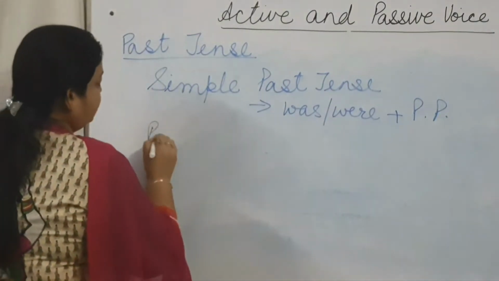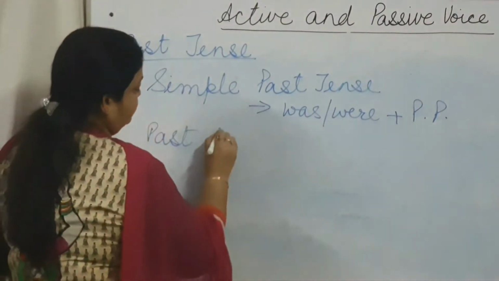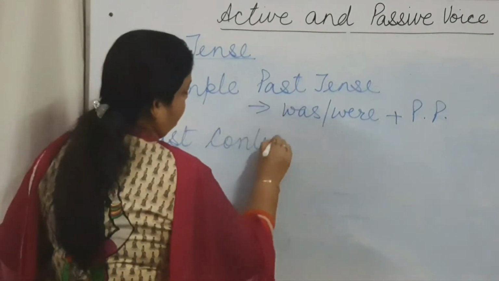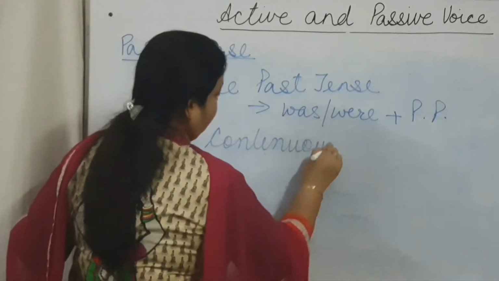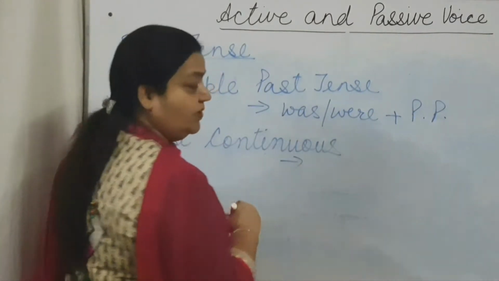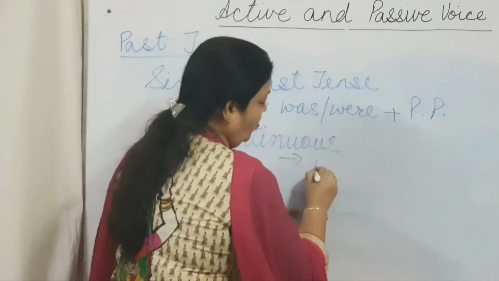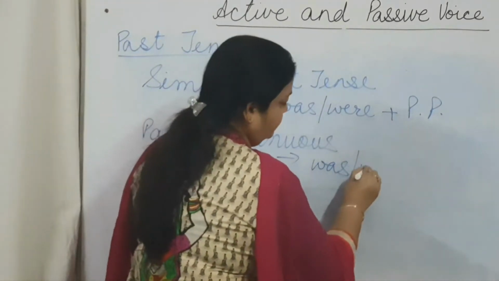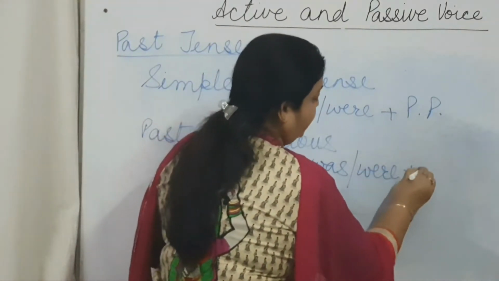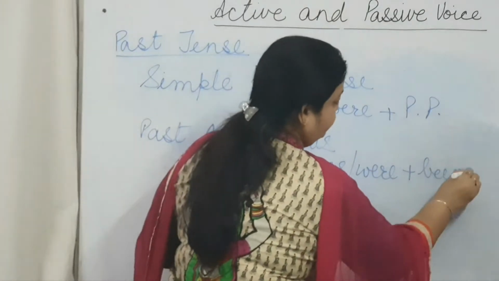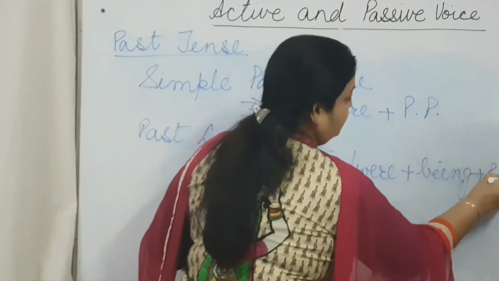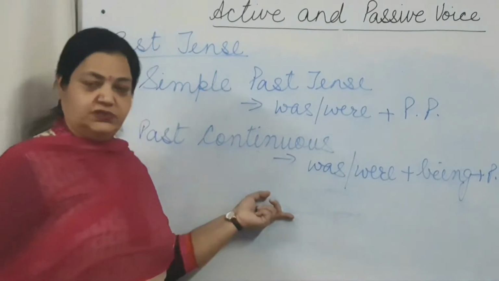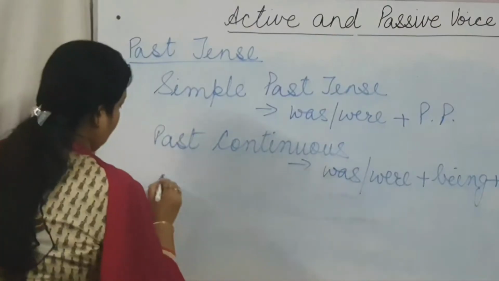Then if it is past continuous, that will be the same way, was, were plus being plus past participle, the third form of verb.